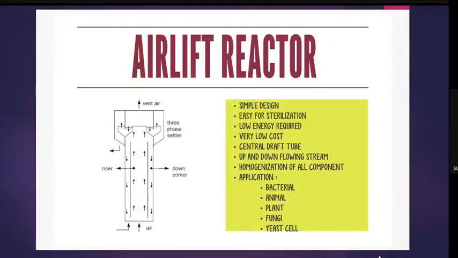Then the airlift reactor. In an airlift reactor, you will have a compartment with a draft tube. From the end, you will send the sparger inside the inlet compartment, that is the tube. The gas will move through the inlet, which is called the riser portion, and then it will overflow to the sides of the wall, so that an organism which is very sensitive to the impeller is completely mixed.